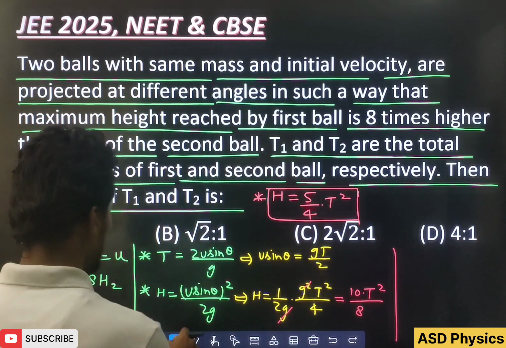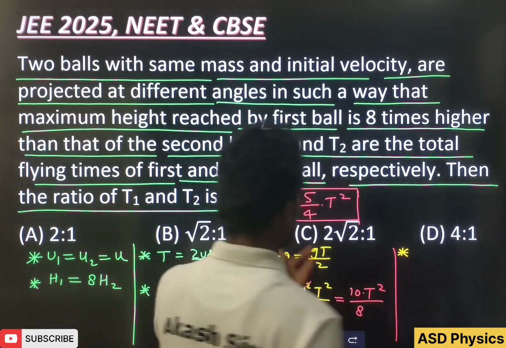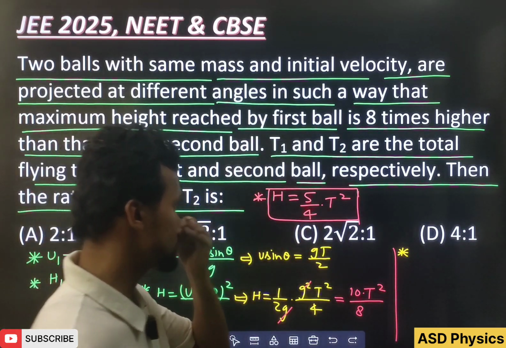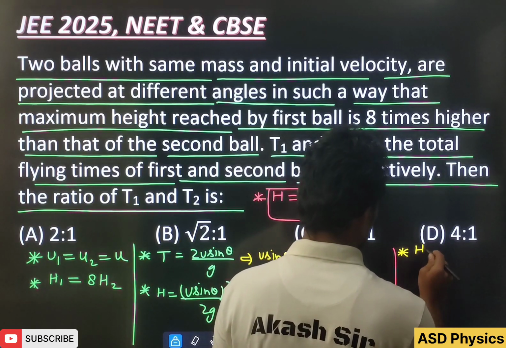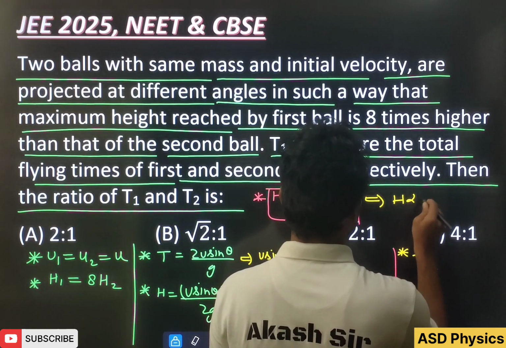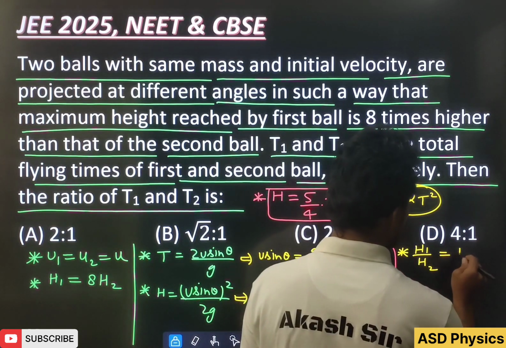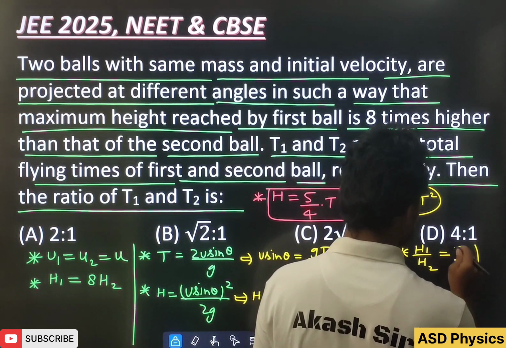Now after that, we can take the ratio. Let's take h1 by h2, because you know very well, students, h is directly proportional to T square. So h1 by h2 will become T1 by T2 whole square.